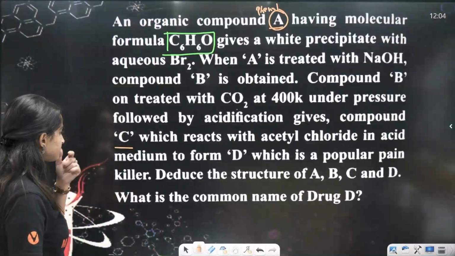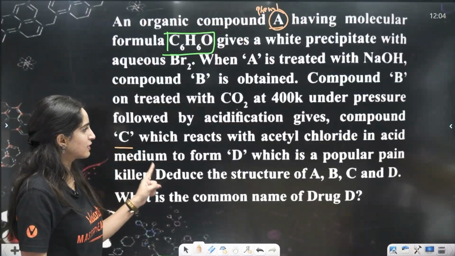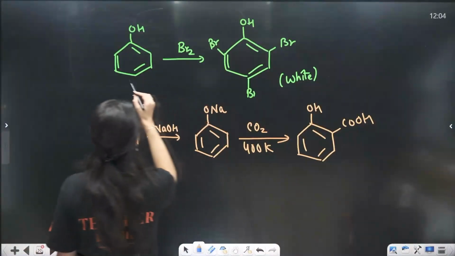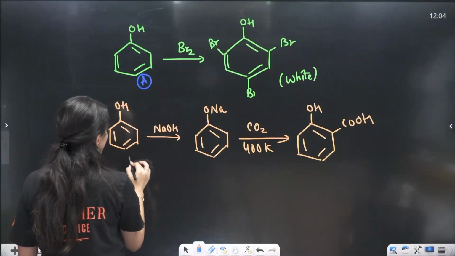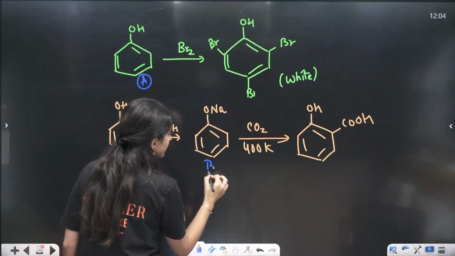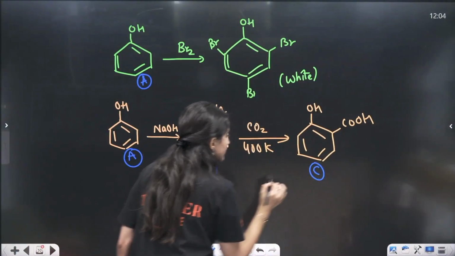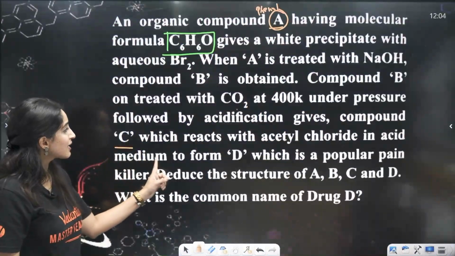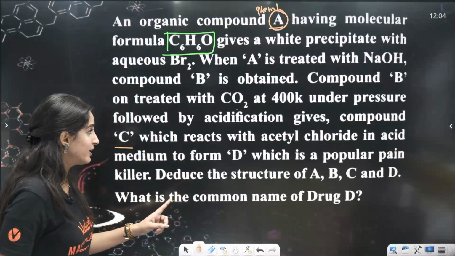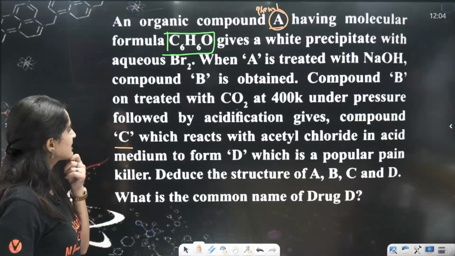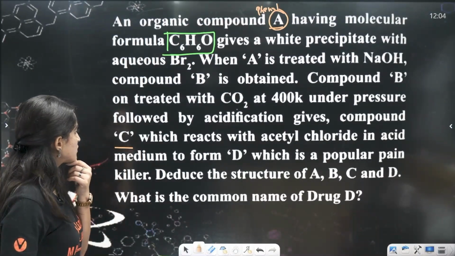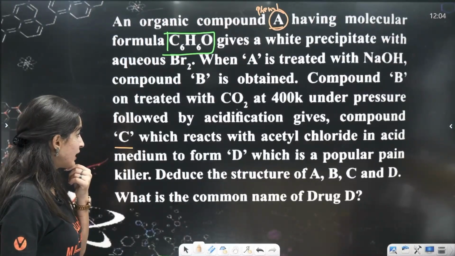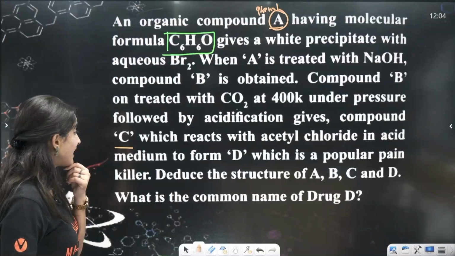So this was your A, this was your B and this was your C. Now they are saying that C reacts with acetyl chloride in acidic medium to form D, which is a popular painkiller.